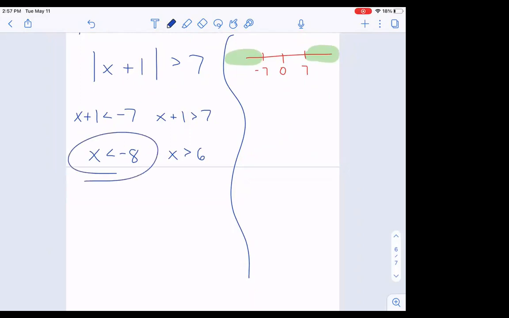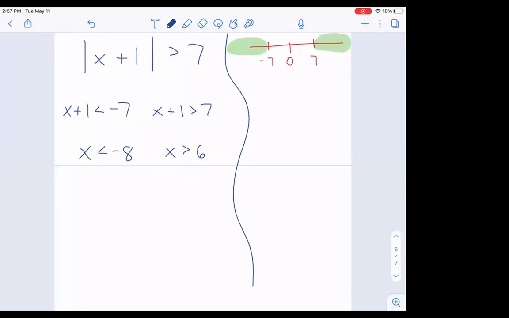Stuff that's less than -8 and stuff that's greater than 6. Those are in two different spots. So when we write our answer, we would say this would be everything from -infinity to -8, exclusive because it's not equal to, union, exclusive, from 6 to infinity.